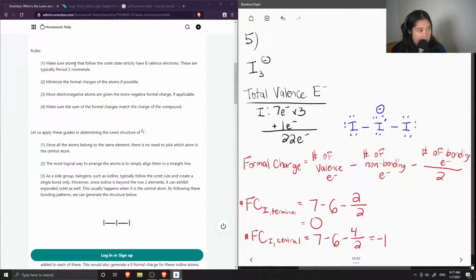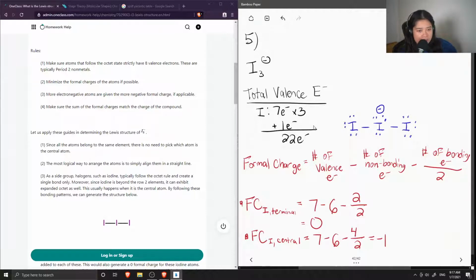And these are some of the rules. Make sure atoms that follow the octet rule strictly have 8 valence electrons. Step 2, minimize the formal charges of the atoms if possible. So we already knew that this had a negative charge, so that's okay. And then the more electronegative atoms are given the more negative formal charge, if applicable.